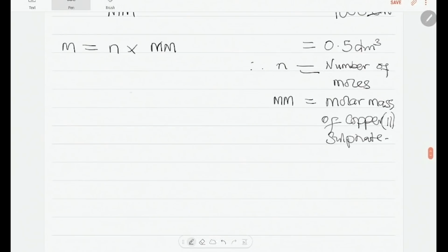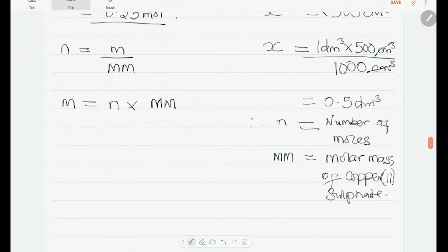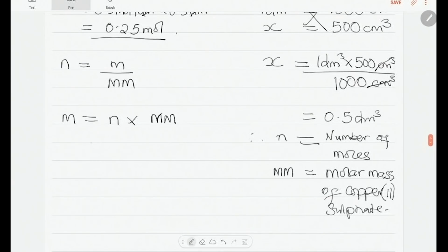We've already calculated our N, and this is equal to 0.25 moles multiplied by the molar mass of copper 2 oxide.